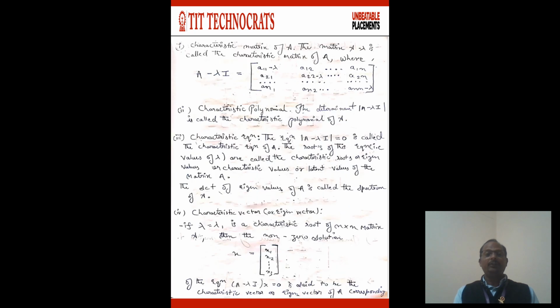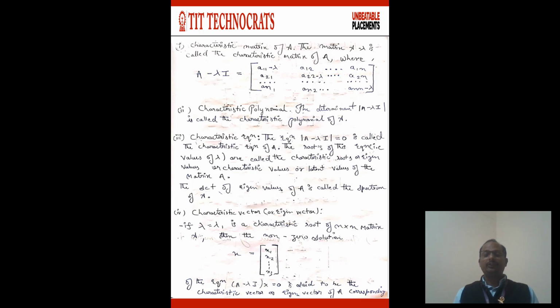So by this we have to create the characteristic matrix, that is A minus lambda I. In this case, the diagonal elements will be written as a11 minus lambda, a22 minus lambda up to ann minus lambda. Then the characteristic polynomial: we have to consider the determinant of A minus lambda I. And to make the characteristic equation, determinant of A minus lambda I equal to 0.